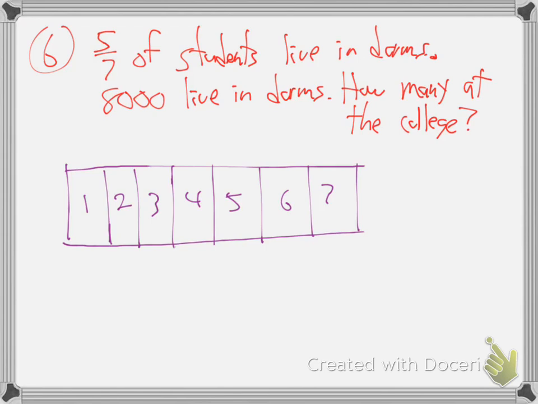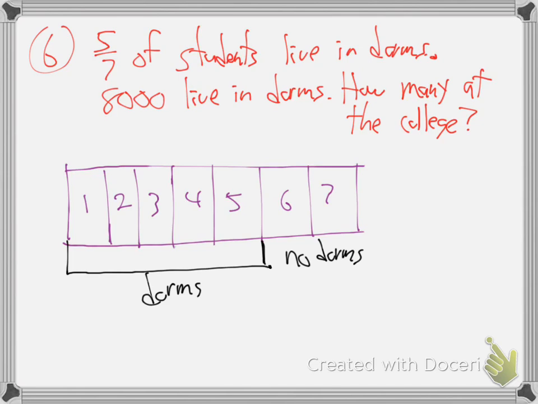And 5/7 of the students live in the dorms. So what are they saying? They're saying this right here. These people are dorms, and these people over here are no dorms. Getting the picture? You picturing the whole situation?